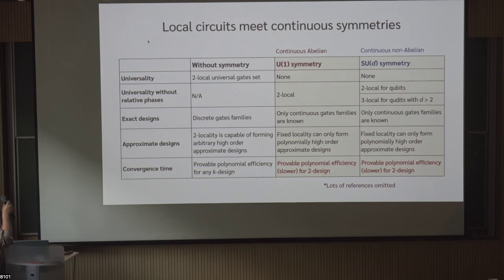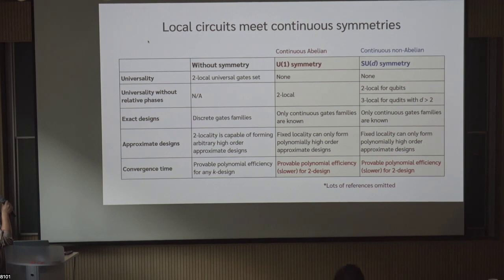Of course I don't have enough space to list all the references, but if you're interested, I have some other slides. So under these local symmetries we do not even have universality, and if we relax the universality requirement a little bit by what's sometimes called semi-universality, or universality without relative phases between different charge sectors, then we have these locality requirements for different symmetries, which actually require some effort to prove.